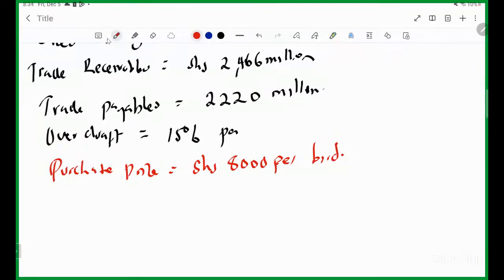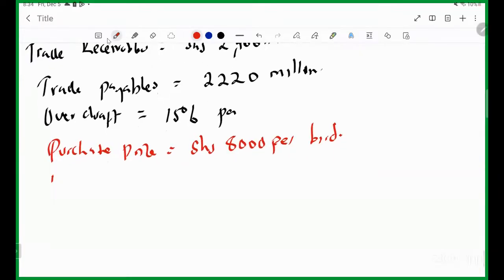If we bought 1.2 million birds, what do you think would be the purchase cost for those birds? It's going to be 1.2 million times 8,000.